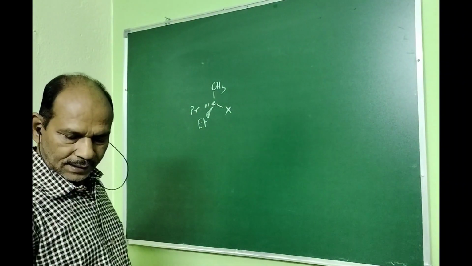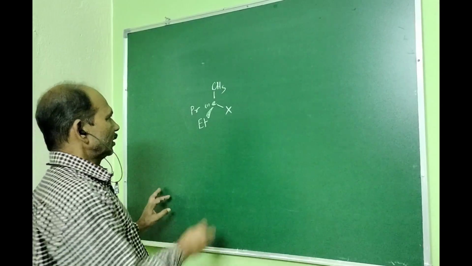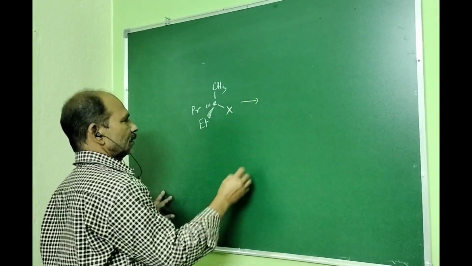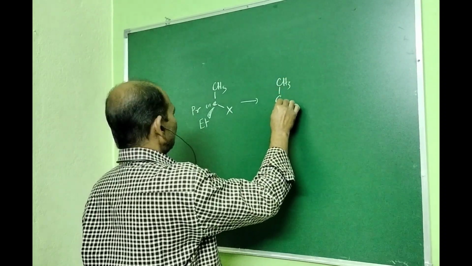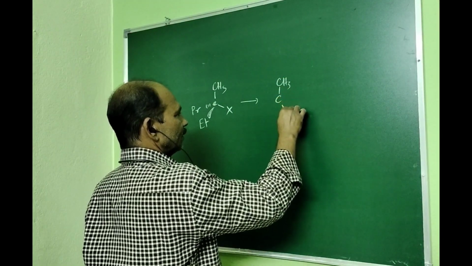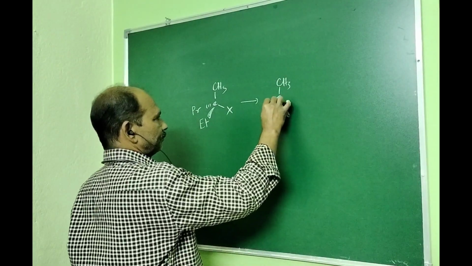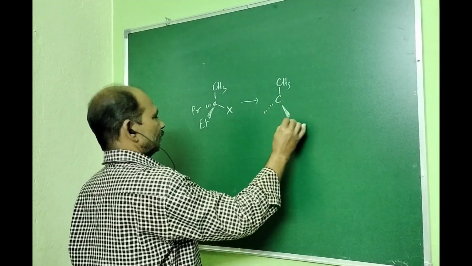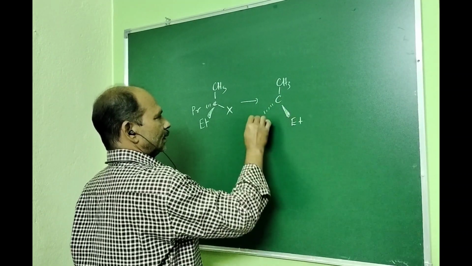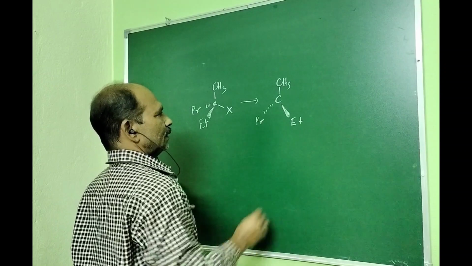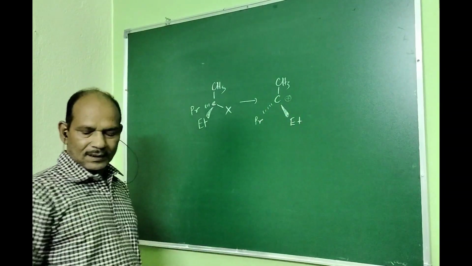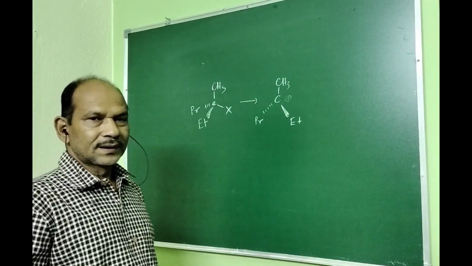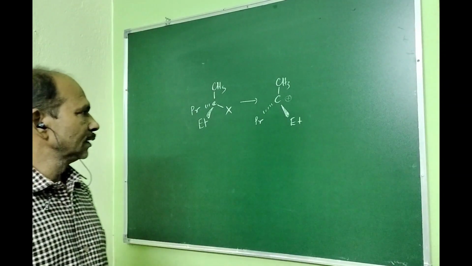It will dissociate into a carbocation which is definitely stable. So this is very, very stable because this is a 3-degree carbocation.